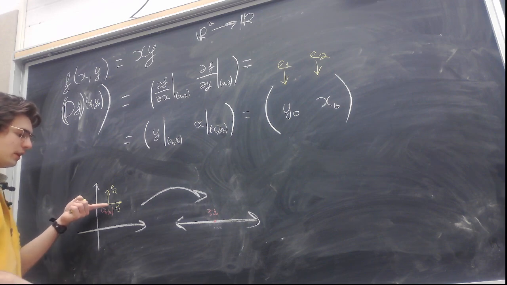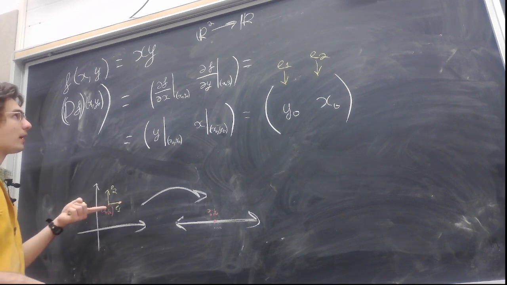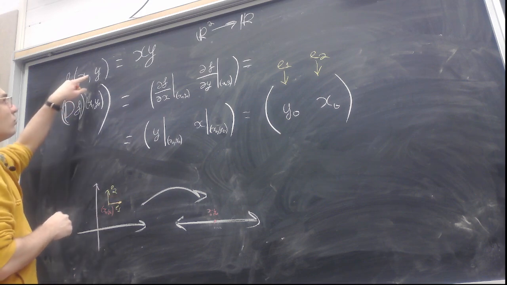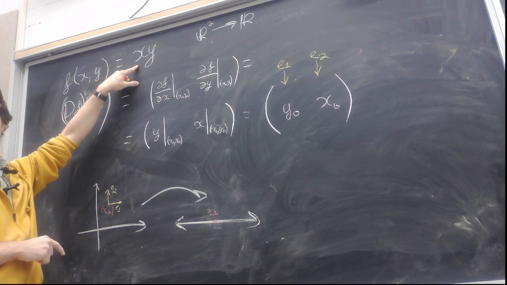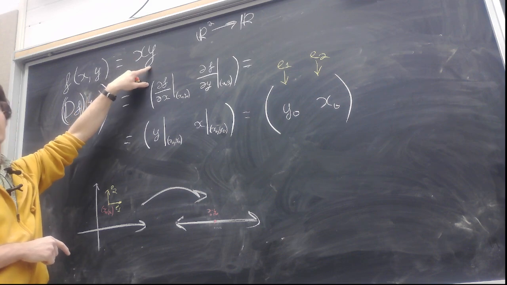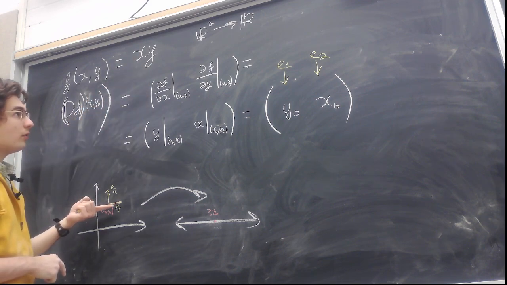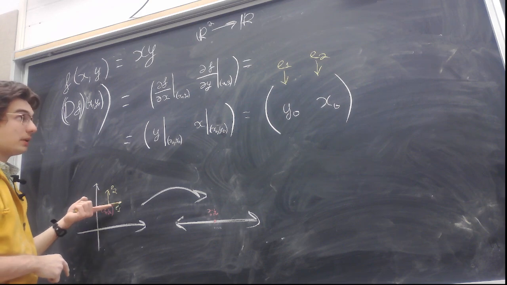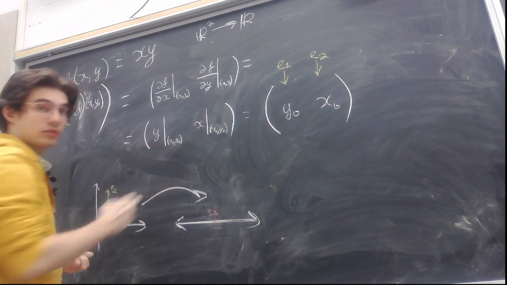Suppose I moved in the E1 direction, the x direction. If I moved in the x direction and didn't change y, then this would quite literally be a linear function of x for some fixed y naught. So the derivative would just be y naught, because that's the slope.